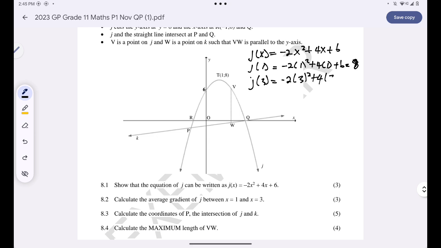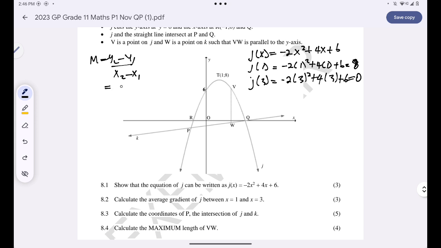And when x is 3, the value of y, let me check. When x is 3, I'll have negative 18, plus 12 is negative 6, plus 6, that's 0. Okay, so the average gradient m is just y2 minus y1 over x2 minus x1, right?